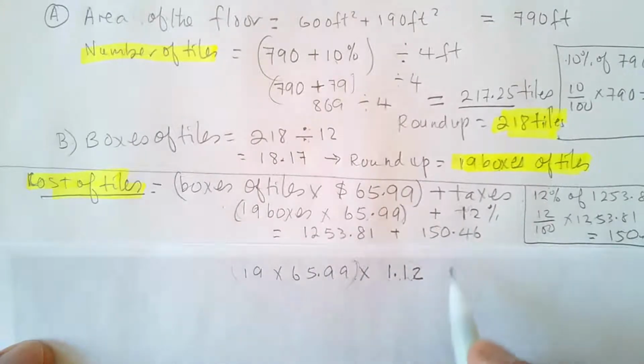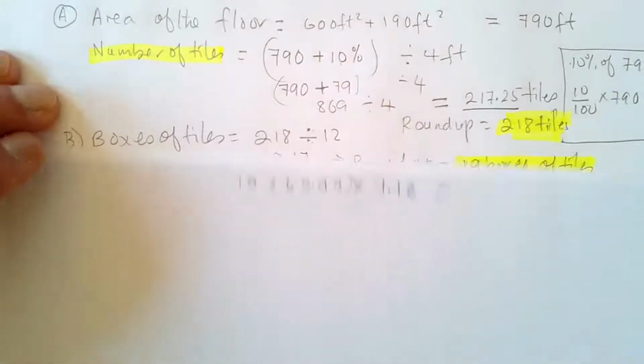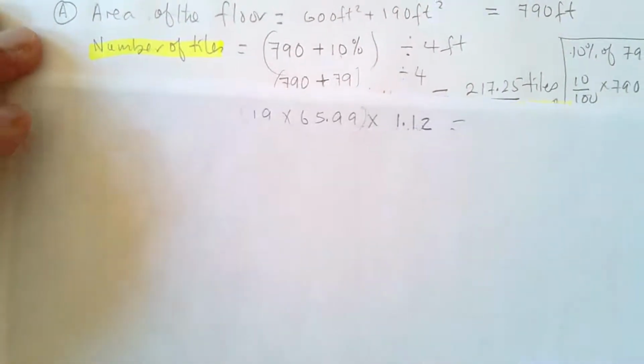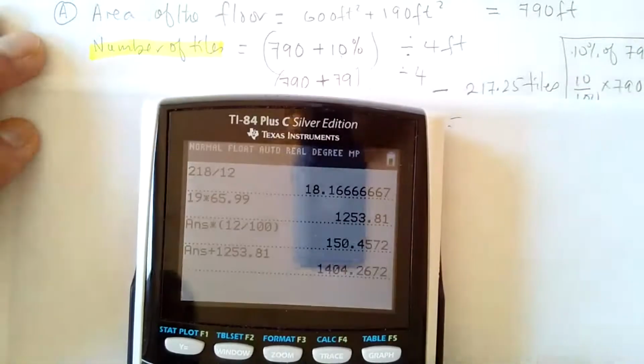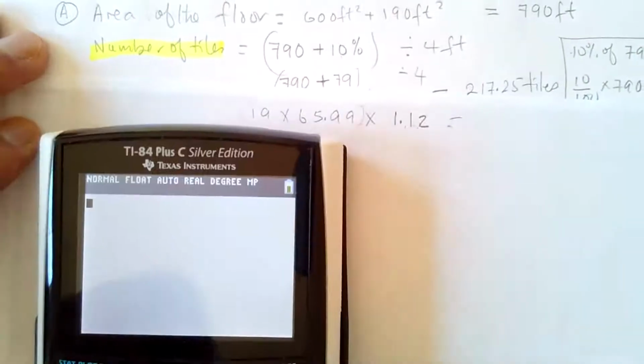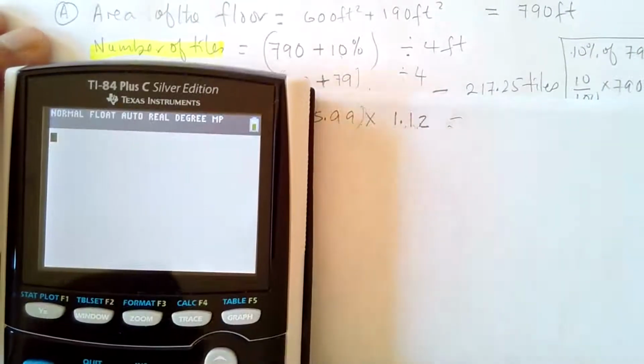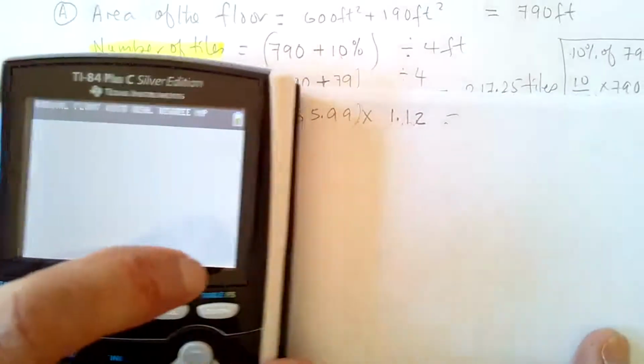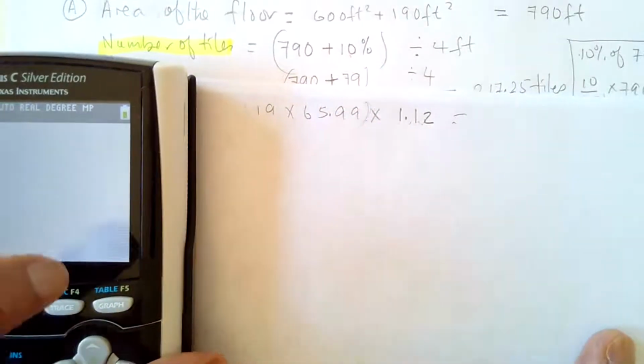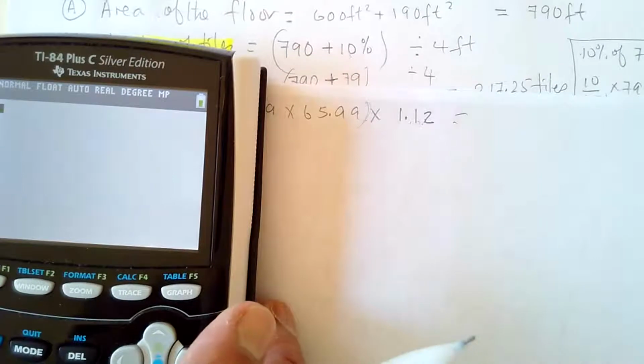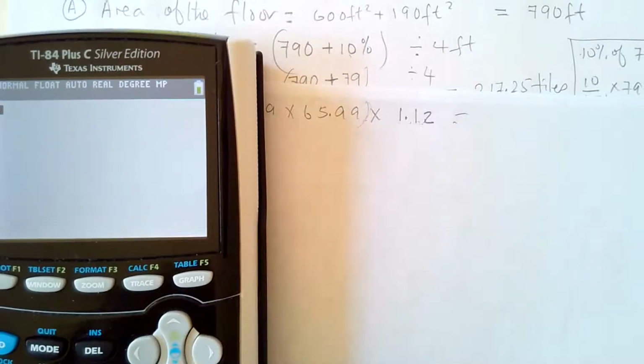So they're included. If you were to work this out, let's work this out in the calculator to prove. So we'll get the same number. We have 19 times 65.99 times 1.12 gives me the same amount.